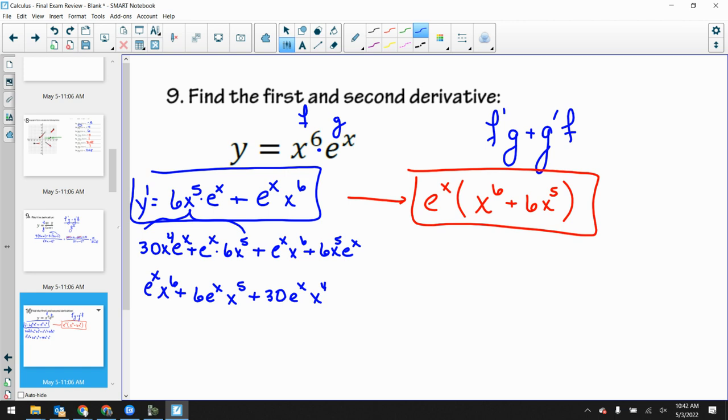And then, oh, whoops, sorry, there were two x to the 5ths. So that's 12. 2 6s. There we go. And then I could factor that e to the x out if you'd like to, but if you didn't do it beforehand, I'm doubting you would do it now. That's totally fine to do. So that's y double prime.